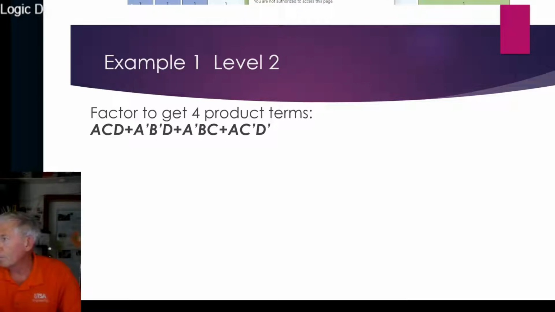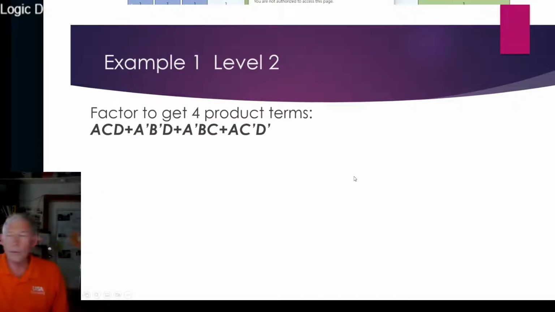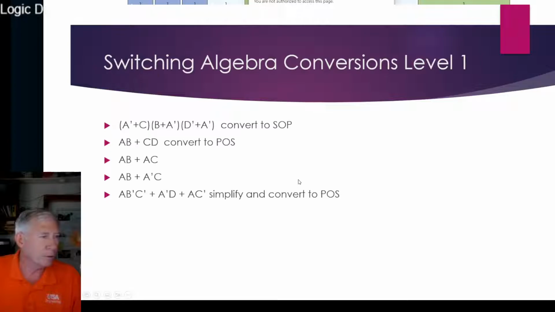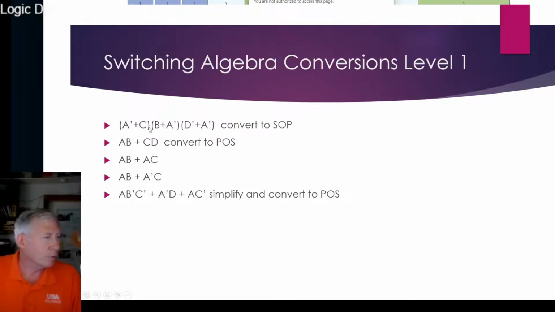Okay, so we're going to do these. The level 2 are pretty hard. The things I have on the test will probably not quite be at the level 2 level. All right. So let's go back to level 1 stuff. Okay. So let's do this one.